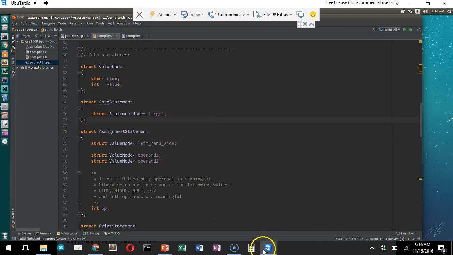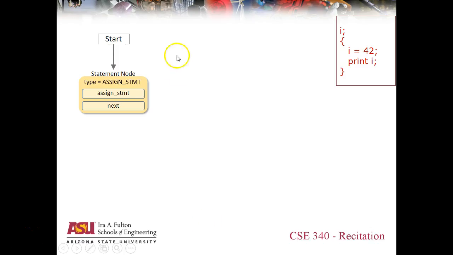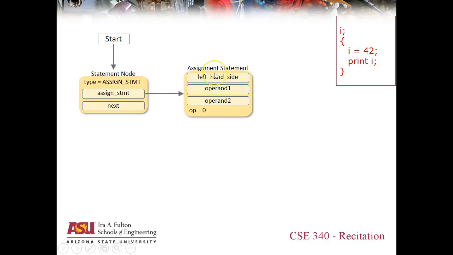Now, for my case, I set up a start, and it points to this first statement node, which is of type assign statement. The assign statement points to another structure called the assignment statement structure.